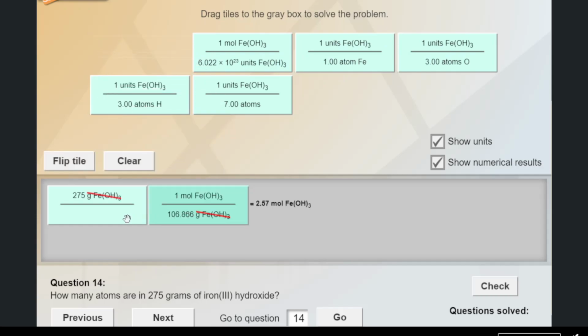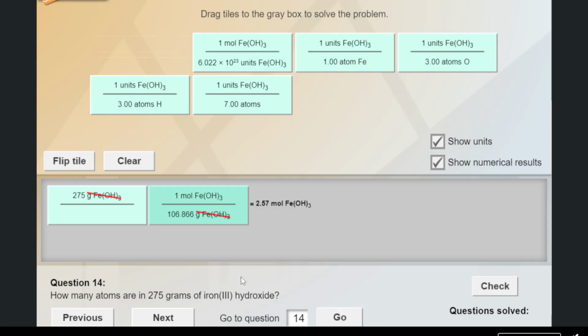So we take our molar mass in the first conversion, we have grams on top, grams on bottom. So now we have moles. We've just converted from grams to moles. Now we need to convert to particles. We're trying to find how many iron 3 hydroxide compounds there are in 106.866 grams, or really its formula unit is what you would say.